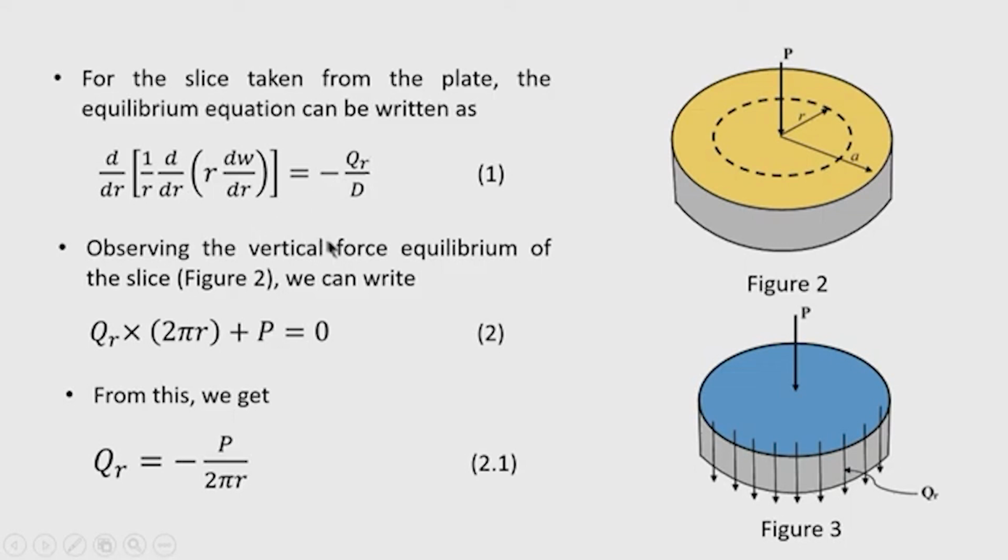Now, observing the vertical force equilibrium of the slice in figure 2, or figure 3, whatever you call it, we can write that at any radial distance the total vertical shear is qr multiplied by the length of the slice. The slice is circular in shape, so the perimeter will be 2 pi r. So, qr into 2 pi r is the total shear force.